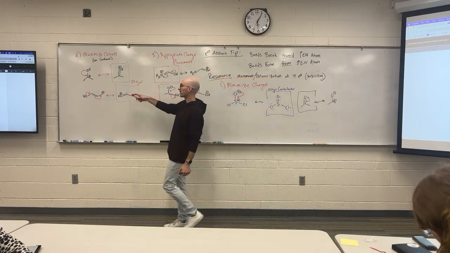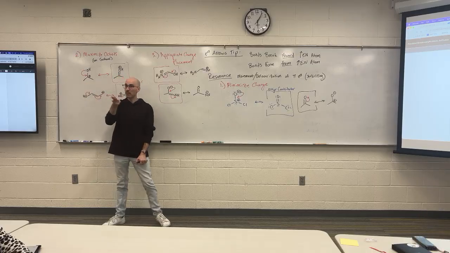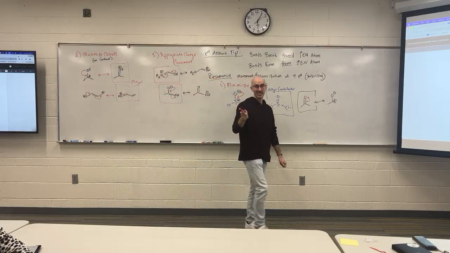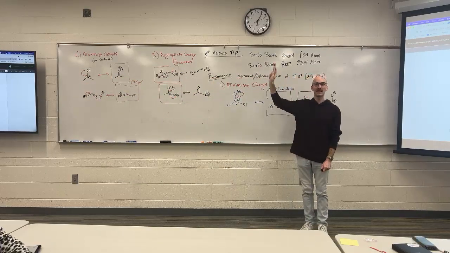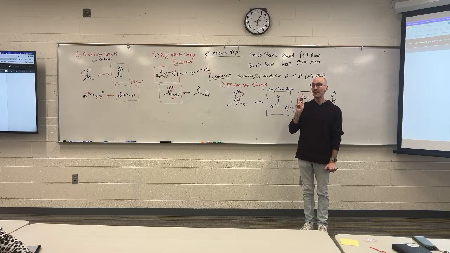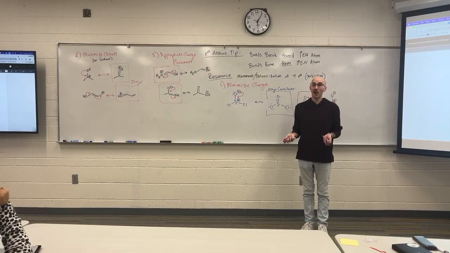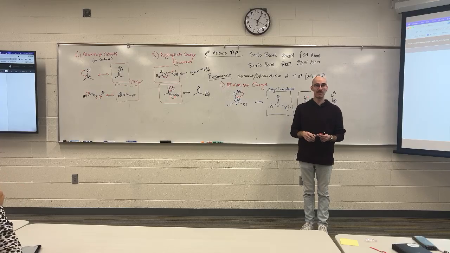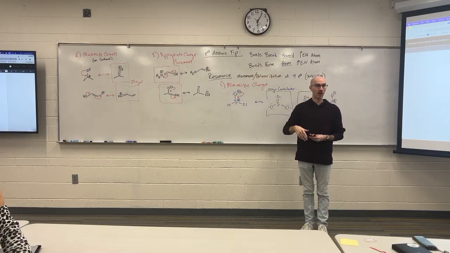Notice though that when the positive is on carbon, that breaks an octet. And that's a completely different rule. So it's not more stable to give carbon the positive, even though carbon is the least electronegative out of oxygen, nitrogen, and carbon. Carbon taking a positive is not appropriate charge placement.